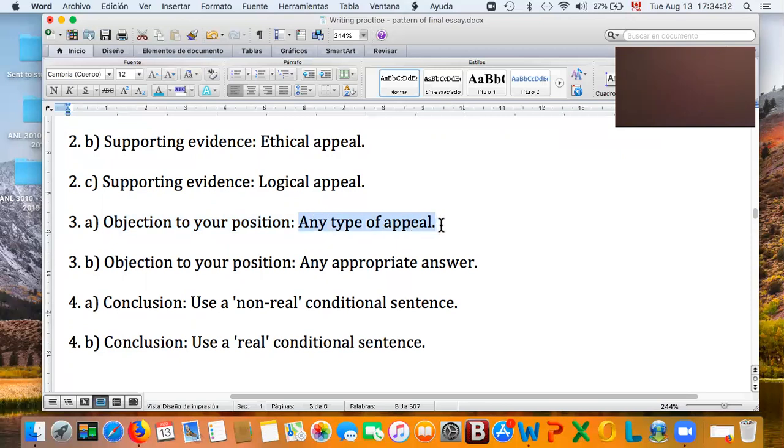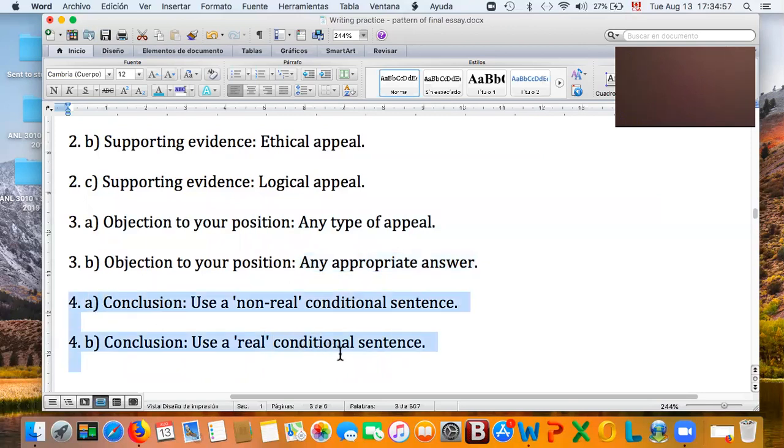It may be something extremely emotional. It may involve facts which you will denounce as erroneous or quoted inappropriately. It could be any kind of appeal. And of course, you must provide any appropriate answer that there is to that objection.